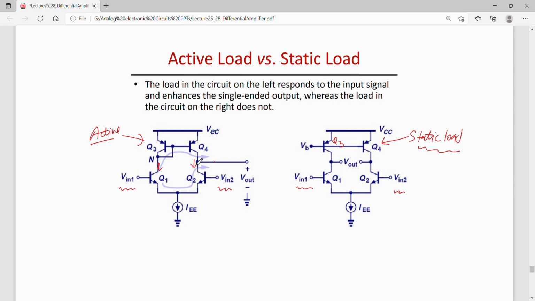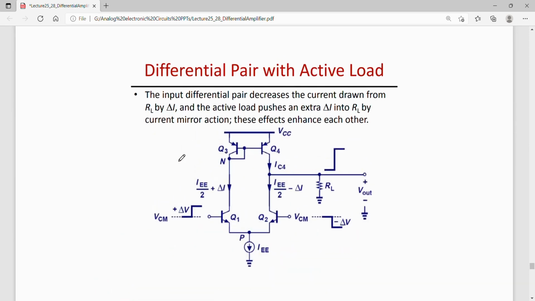Let us say that the input signal changes by delta V, that is, it rises by delta V on Q1, and it falls by delta V on transistor Q2.